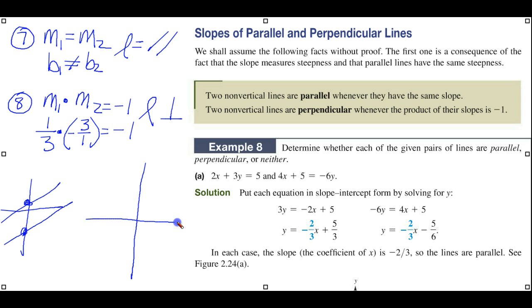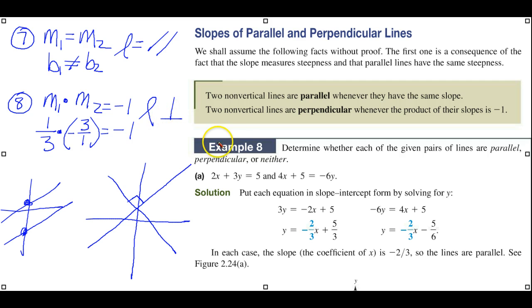And this would be like, this is a positive 1/3 this way, and this would be a -3 this way. I drew them off a little bit. All right, there we go. We have something like that. The lines would intersect at a right angle.